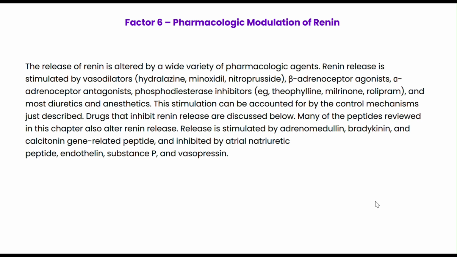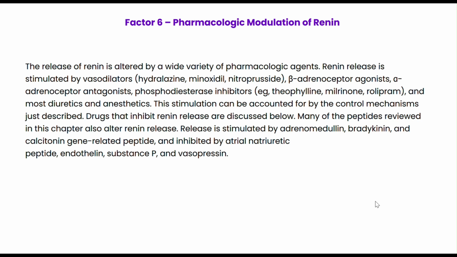These drugs increase cyclic AMP levels by preventing its breakdown. So more cyclic AMP equals more renin release. And diuretics like furosemide reduce the sodium levels and blood volume, activating the macula densa and the baroreceptor mechanisms to stimulate the renin.